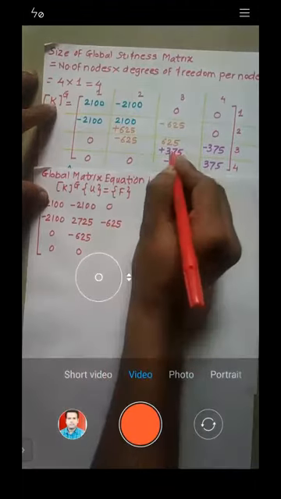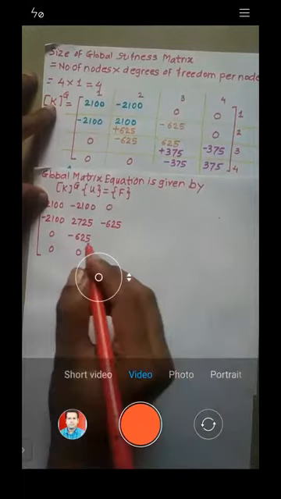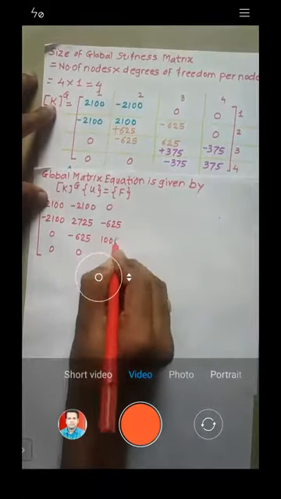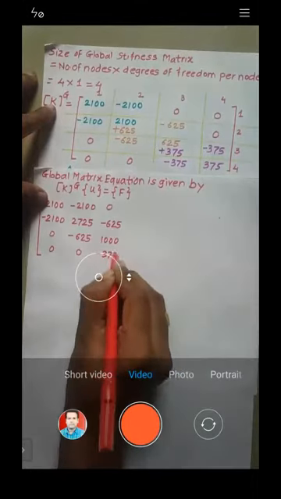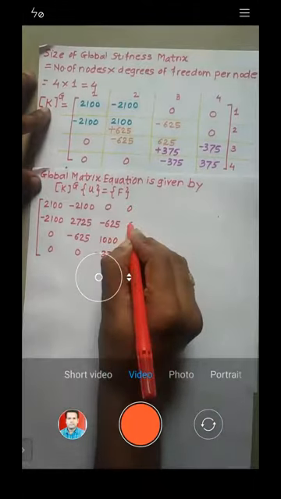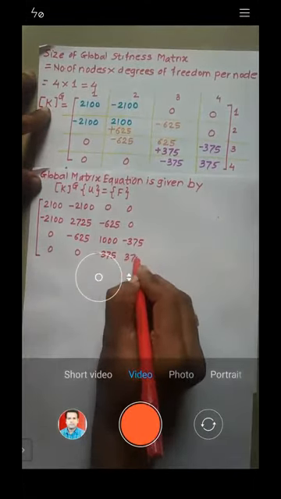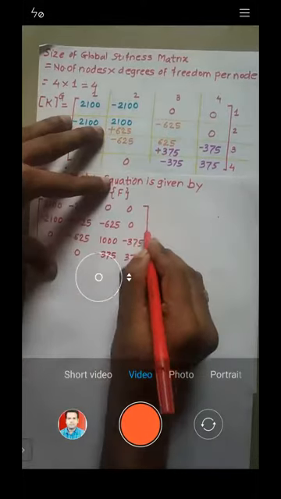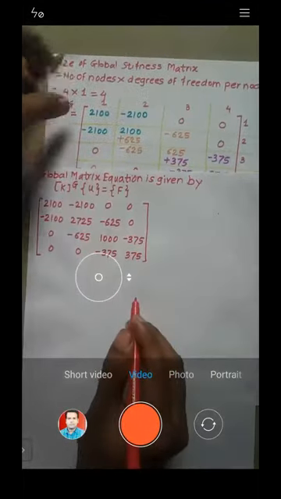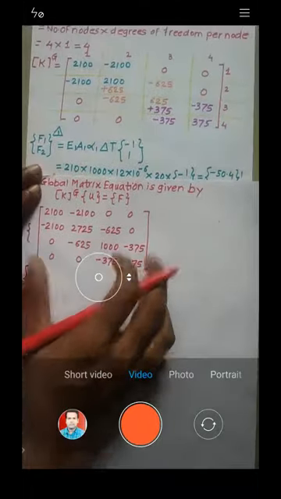Now this is 625 plus 375, it is 1000. This is minus 375. Next, 0, 0, minus 375, and plus 375, right? So this is what our global stiffness matrix is, which we already calculated.